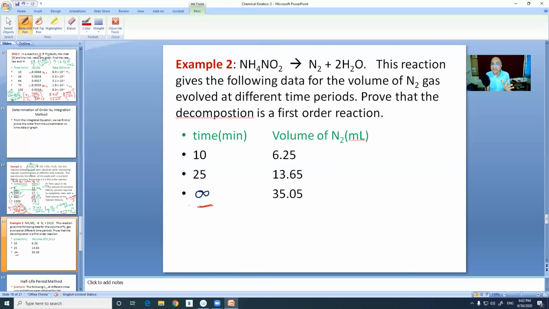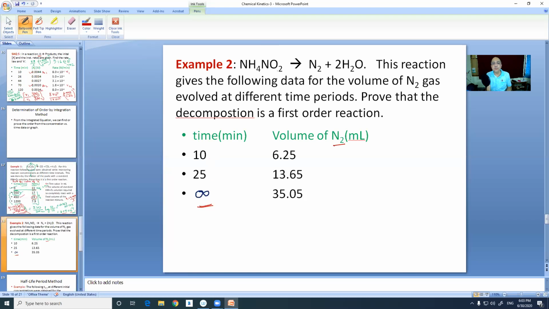What is done actually when you are carrying out a reaction, say at 70 degrees centigrade in a water bath or in some oil bath, in a thermostatic bath, right? So what is done? Supposing this guy is a very impatient guy. He has taken only 2 experiments. At 10 minutes, he has taken a test tube and measured the volume of nitrogen formed.